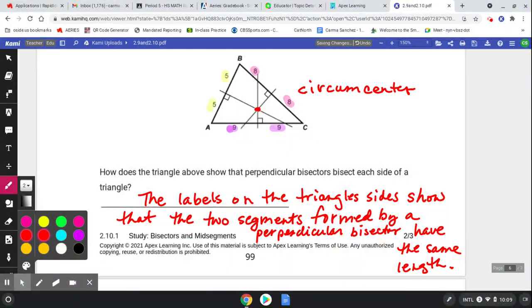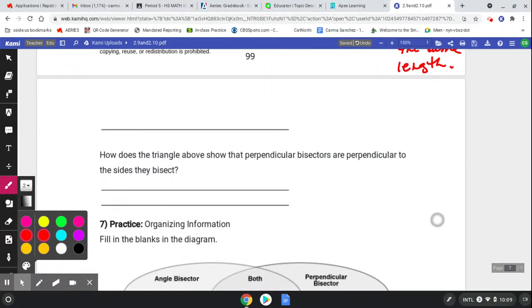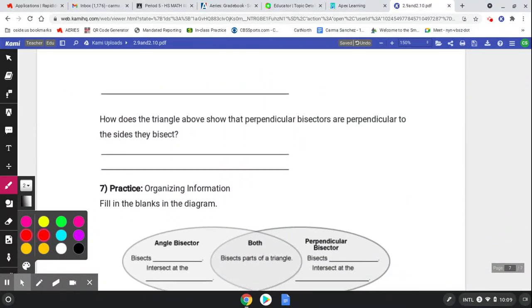Okay. And then finally, how does the triangle above show that the perpendicular bisectors are perpendicular to the sides? And so again, the angle formed has a mark, like that little mark, with a right angle symbol.